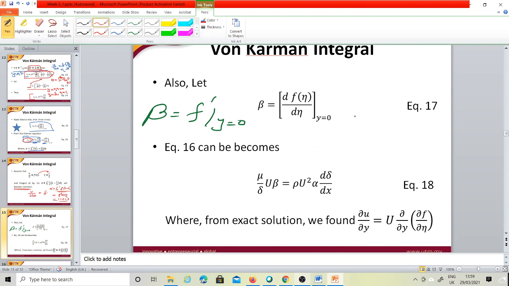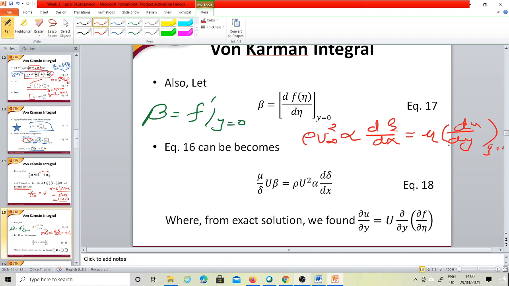Equation 16 is delta rho u infinity square alpha, then you have d delta by dx is equal to mu, you have du by dy, right, at y is equal to 0.